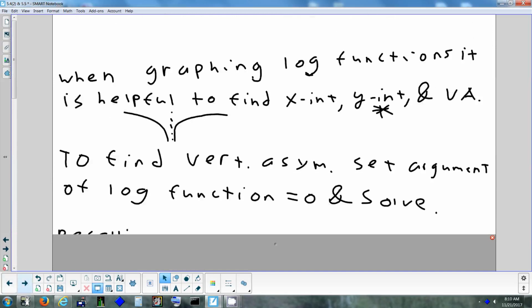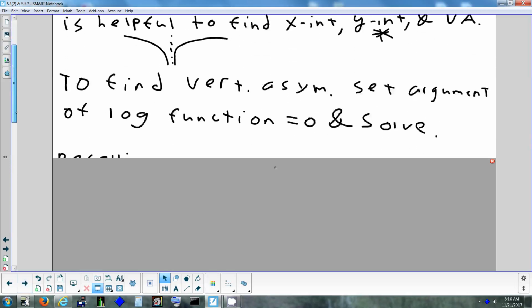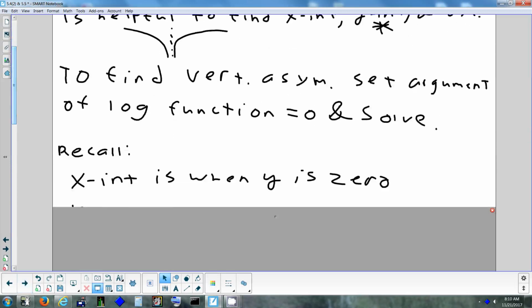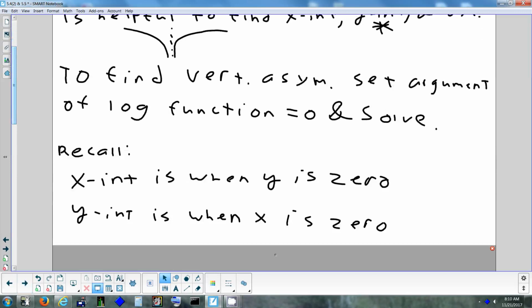To find your x-intercept, you plug in 0 for y. Okay, we've written that before. To find your y-intercept, you plug in 0 for x. To find your vertical asymptote, that's a little new, so I'll write that one down. Set the argument equal to 0 and solve. Actually, I already have those written down.